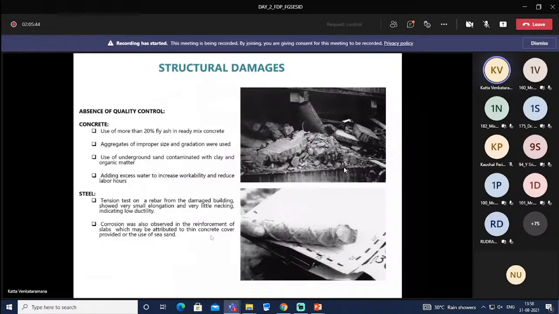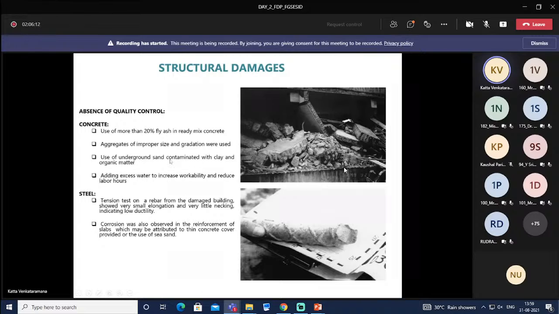During the damage survey, absence of quality control was observed. Use of more than 20% fly ash in ready mix concrete, aggregates of improper size and gradation, you can see here, and use of underground sand contaminated with clay and organic matter, and adding excess water to increase workability and reduce labor hours.